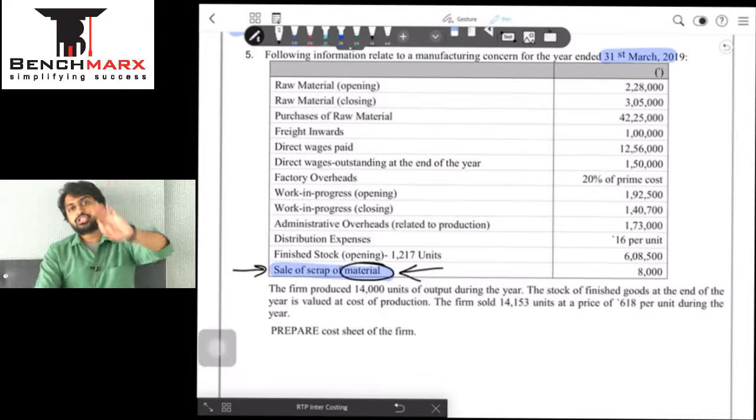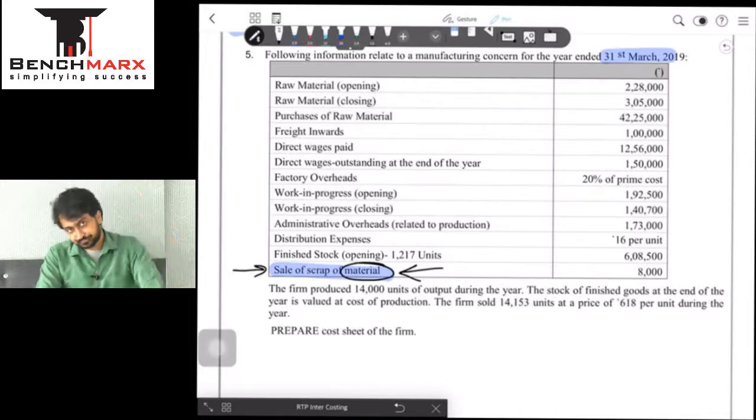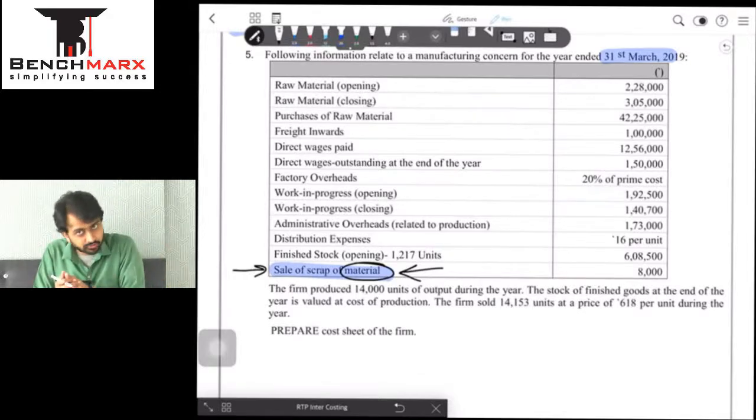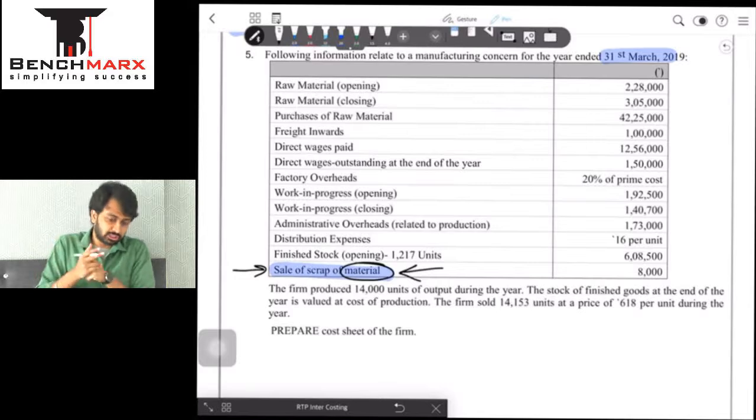That's my cost sheet's first point. Okay, that is something new, not new, but this is something that had never come before. The question normally mentions sale of scrap, so normally we subtract sale of scrap from admin cost production based. Only in case they say sale of scrap of materials, adjust it from raw materials consumed.